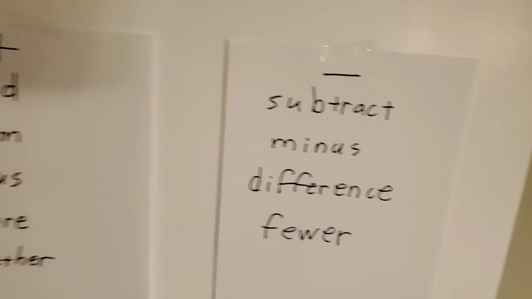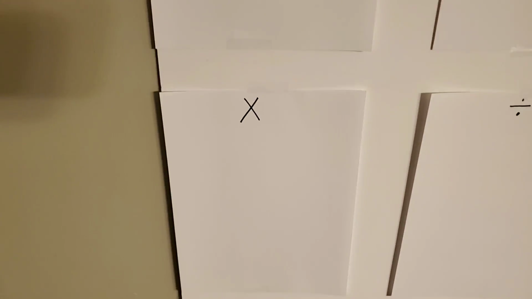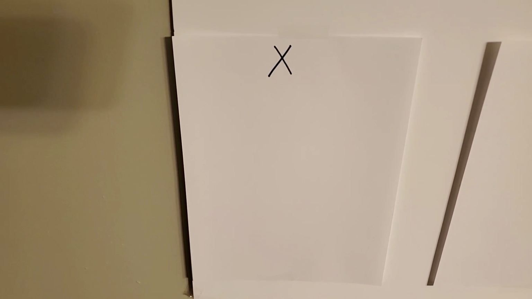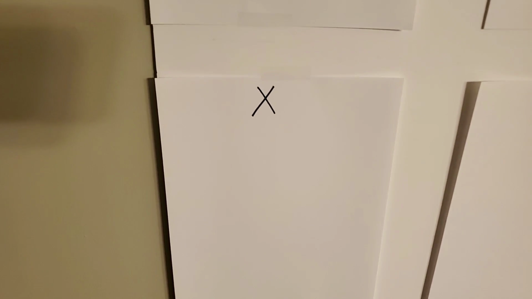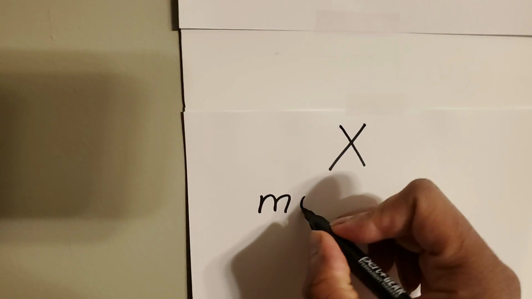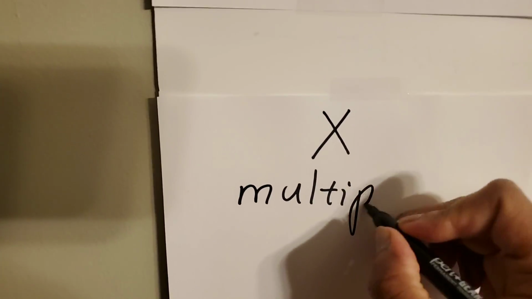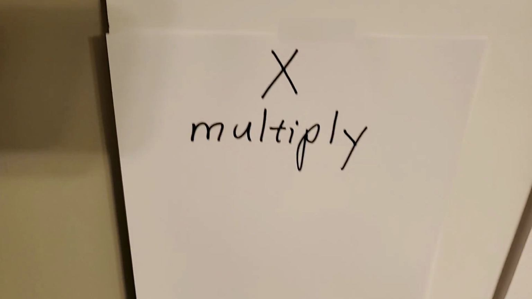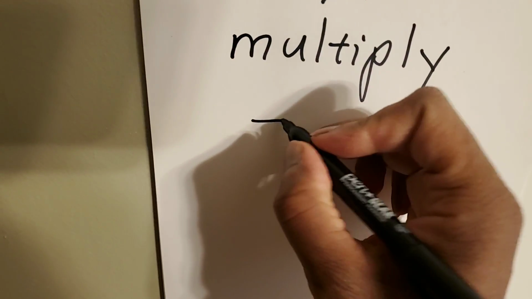math sentence. Okay, so let's move on to here. When you see this sign, what words do you think of? What words might be associated with this sign? You may think of words like multiply. That's an easy one. Multiply. What else? You may think of times.